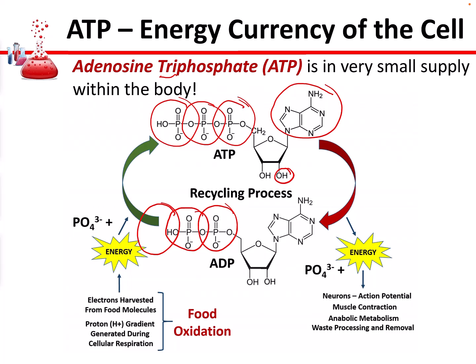So we use our food molecules to harvest electrons from, and this is going to provide the energy inside the mitochondria to be able to recreate our molecule of ATP by adding back that phosphate group.